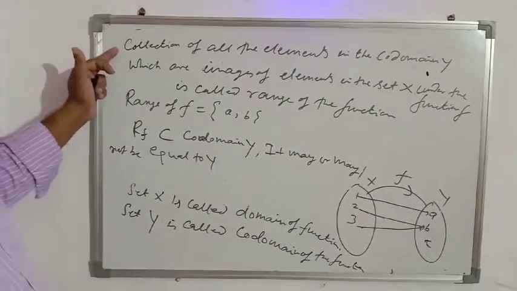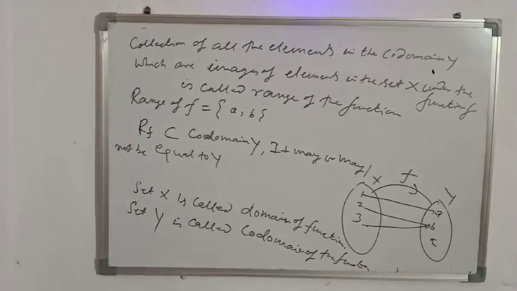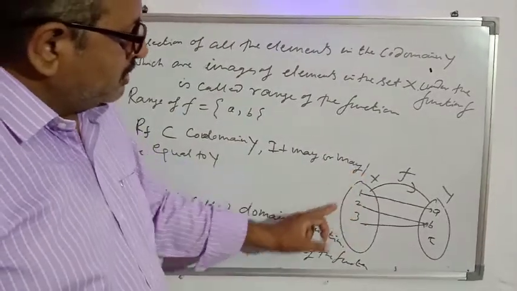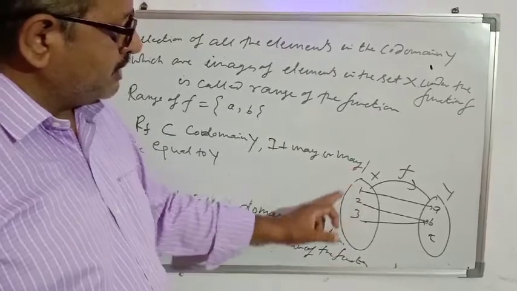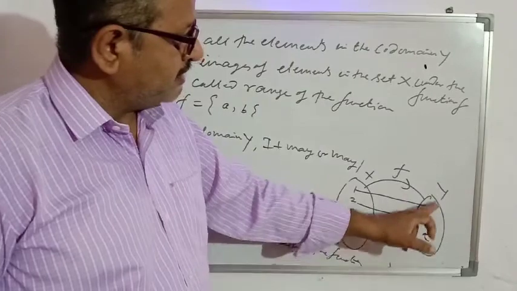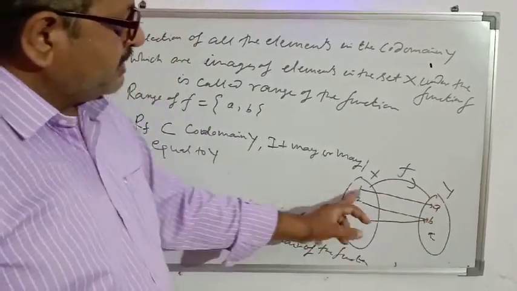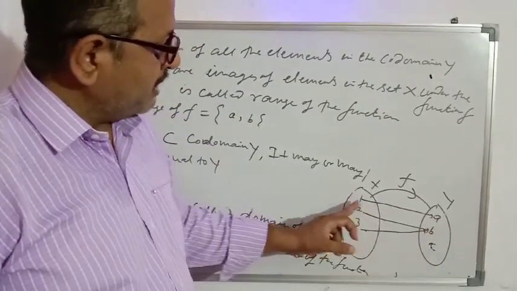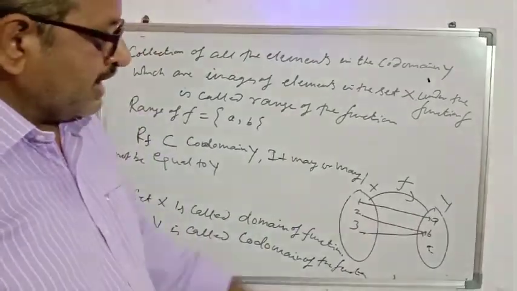So these are about domain, codomain and range of the function. Again, see what is domain. Whole the set X, that is the collection of the elements 1, 2, 3, will be the domain of the function. Whole the set Y will be the codomain of the function, A, B, C. But range is only those elements of set Y which are images of the elements of set X. They are called the range of the function.